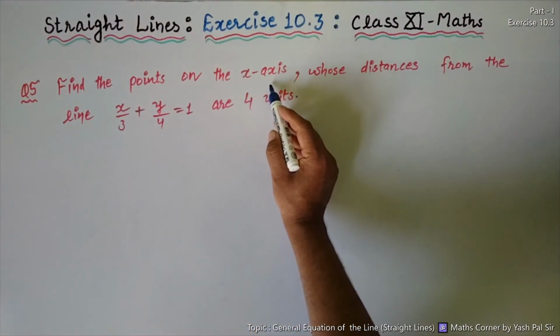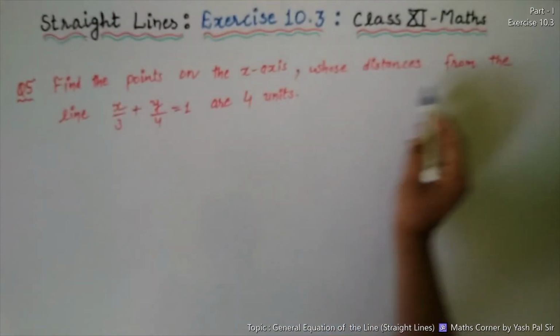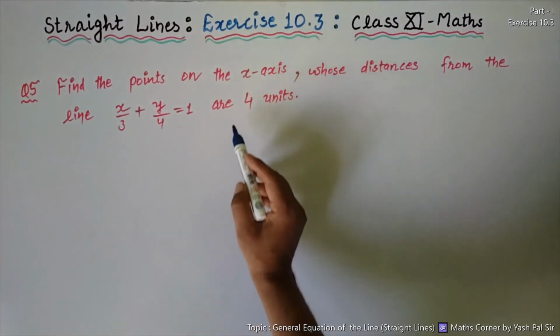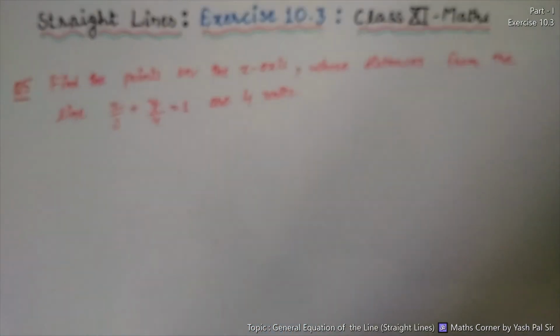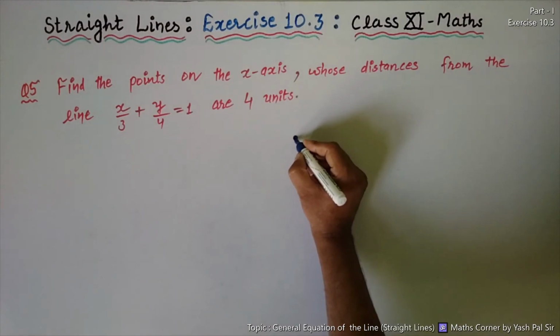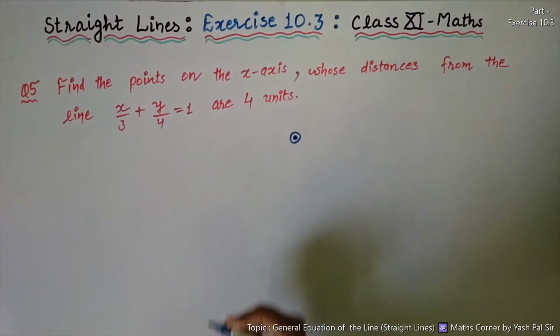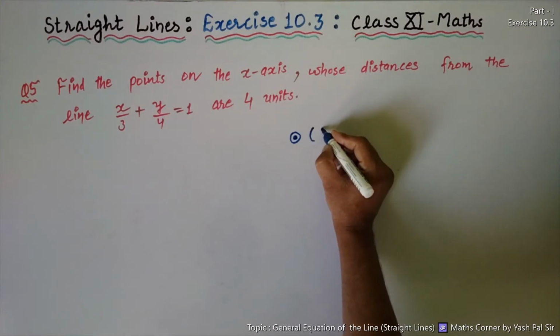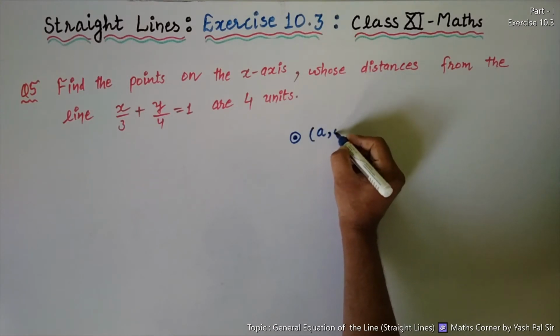Question number 5. Find the points on the x-axis whose distances from the line x upon 3 plus y upon 4 is equal to 1 are 4 units. So first of all, any point on the x-axis: on the x-axis y is always 0.